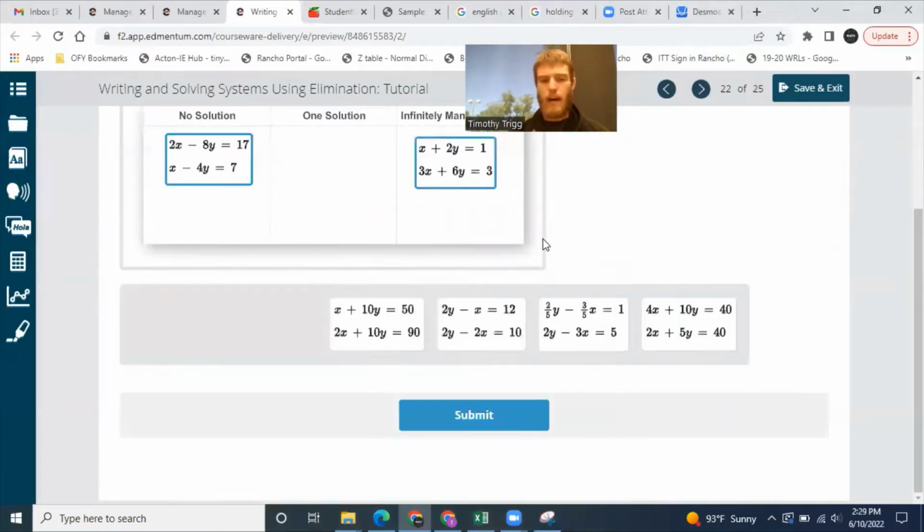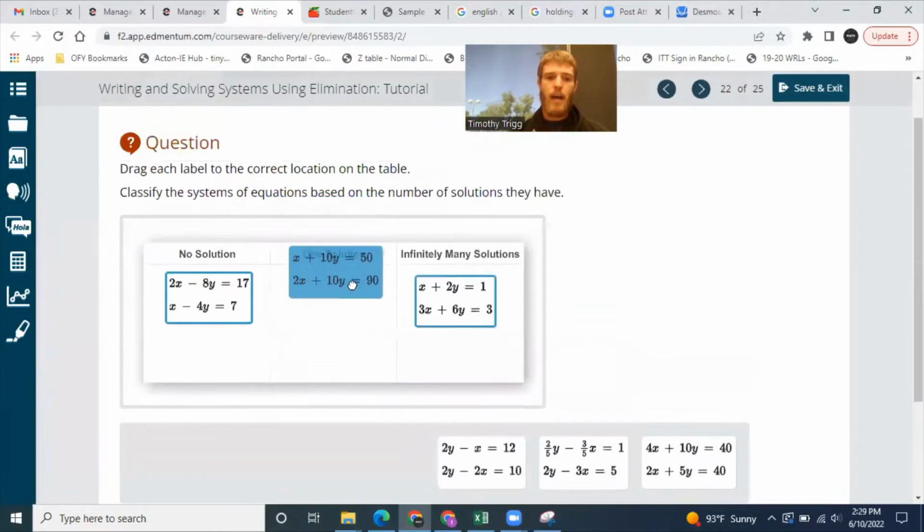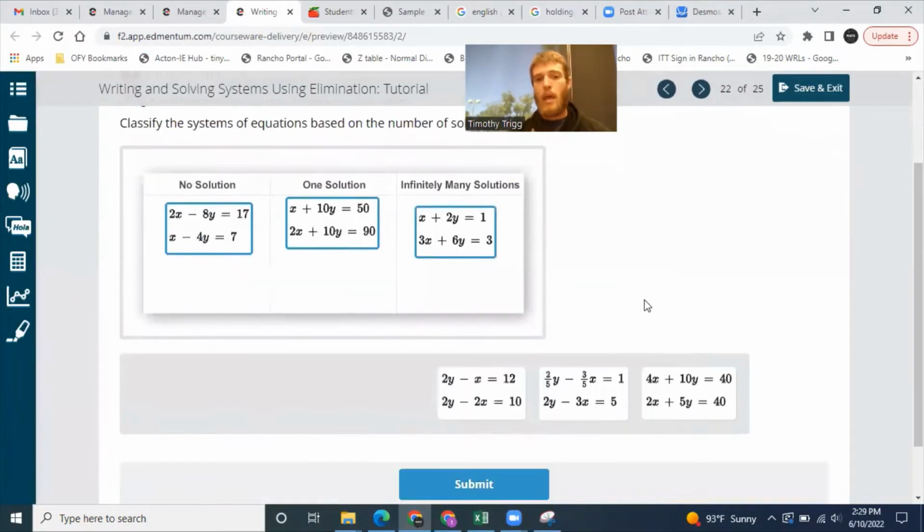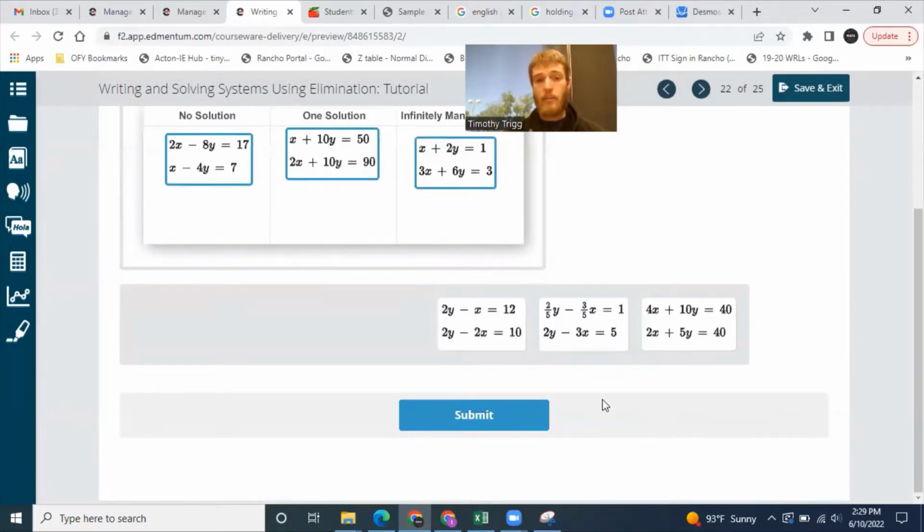So I don't even need to finish it by finding y. I know that there's going to be one solution. And in fact, if you were to go ahead and graph those two lines, you would see them crossing at 40 comma something. Okay. I think it's 40 comma 1 actually. Okay.